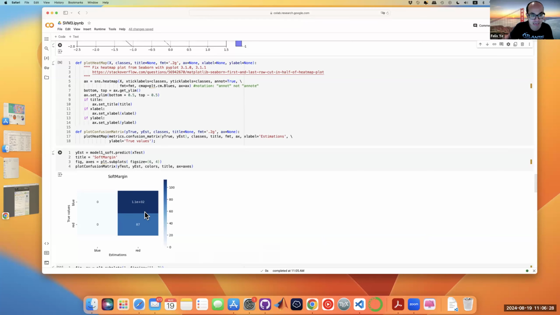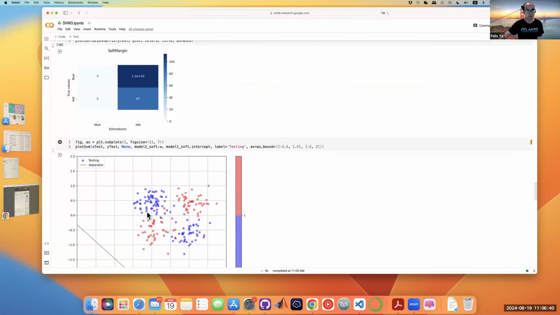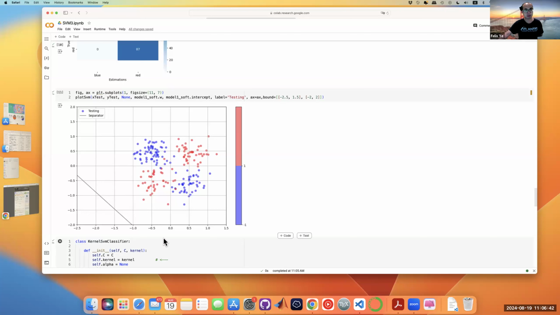So you are getting 50% error, which is ridiculous in this case. You can see this is my classifier right here, and everything will be classified as red. This is very bad.